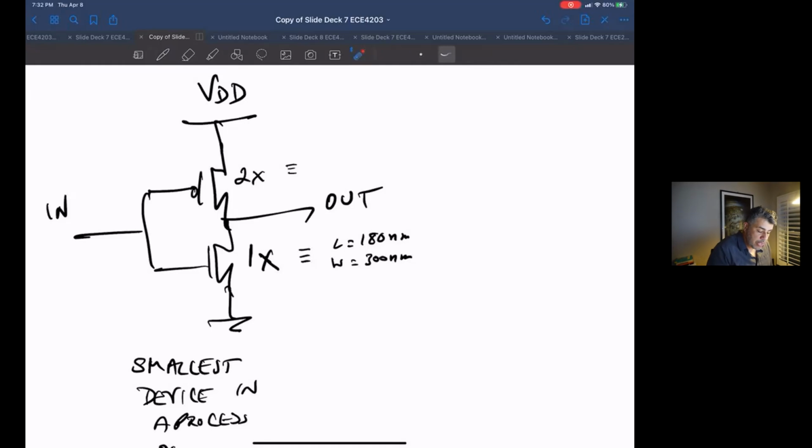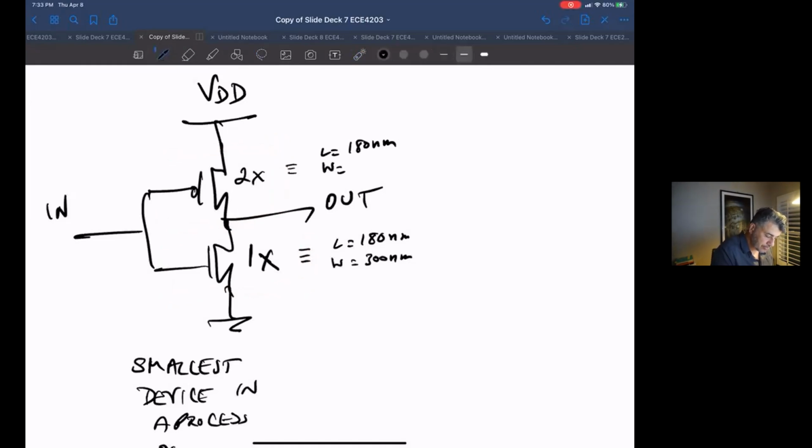To make the rise and fall times symmetric, you would make this twice as wide as this. You would never mess with the length. The length you always want to be the minimum, because anything else in a digital circuit is a waste. So L would stay at 180 nanometers, and the width would be 600 nanometers.